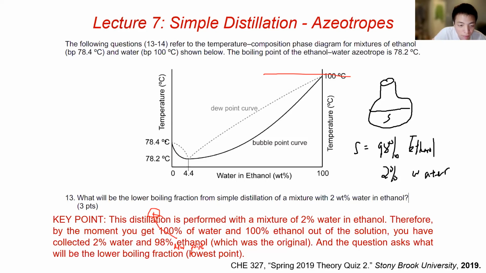When you distill it, you will get this curve. It asks what would be the azeotrope, or the lower boiling fraction, which is basically the lowest point of the graph.